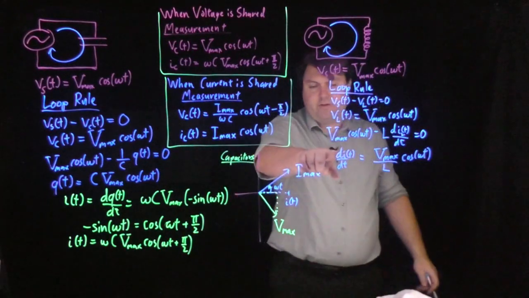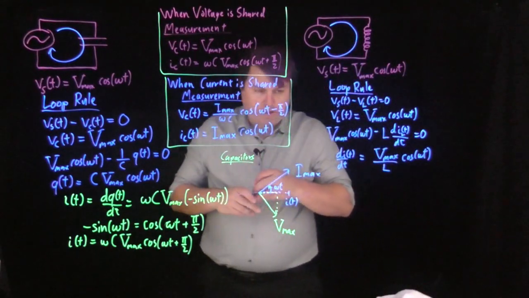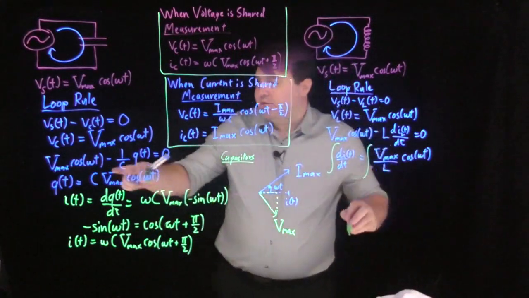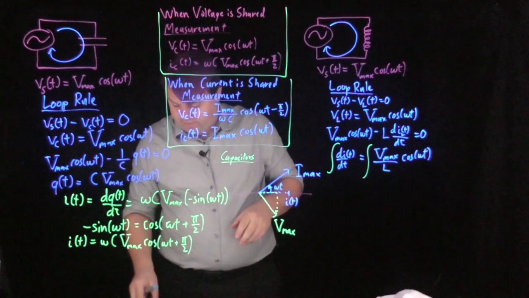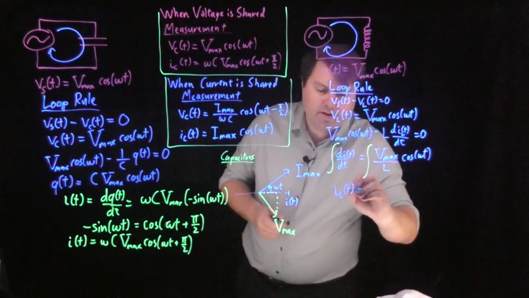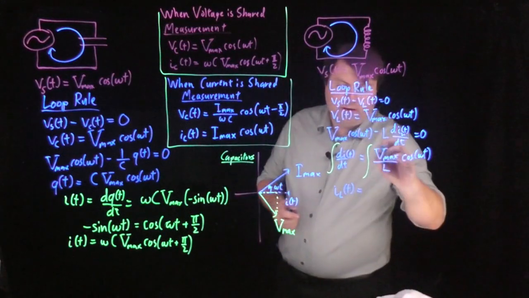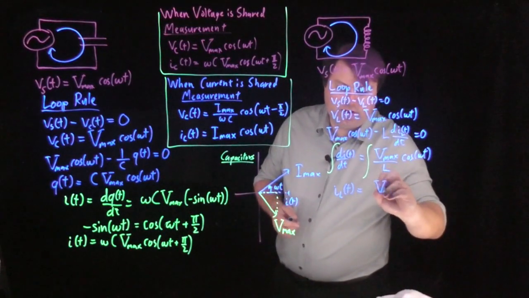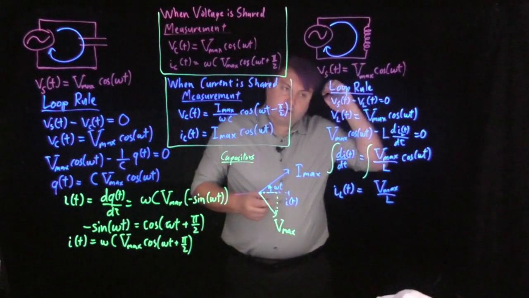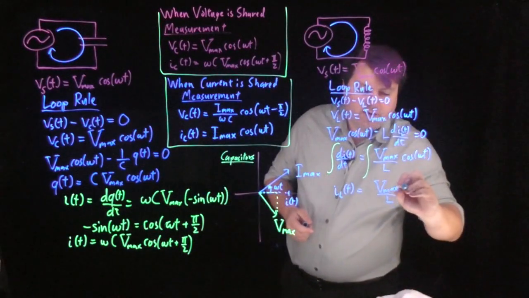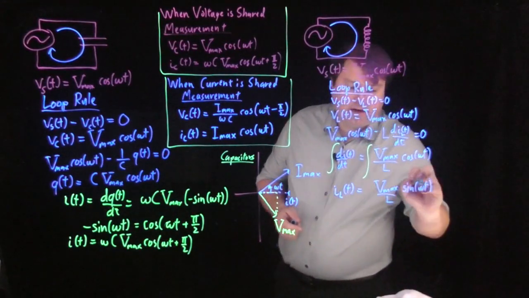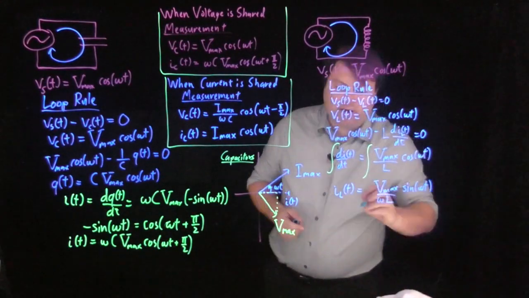In order to get to I, we need to take the integral of both sides as opposed to having to take the derivative. And that gets us the current over the inductor as a function of time. V max over L remain unchanged. And the integral of cosine is positive sine omega t. And then we have to divide by omega.